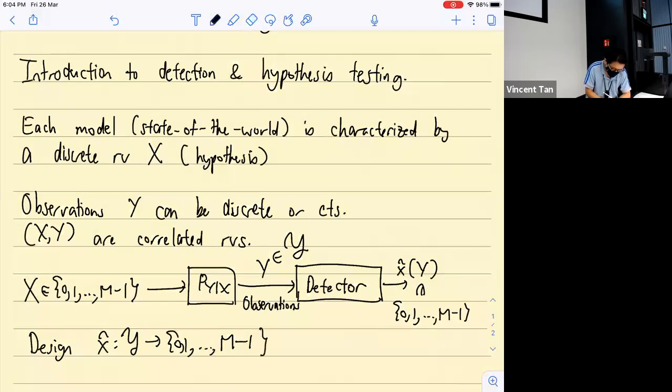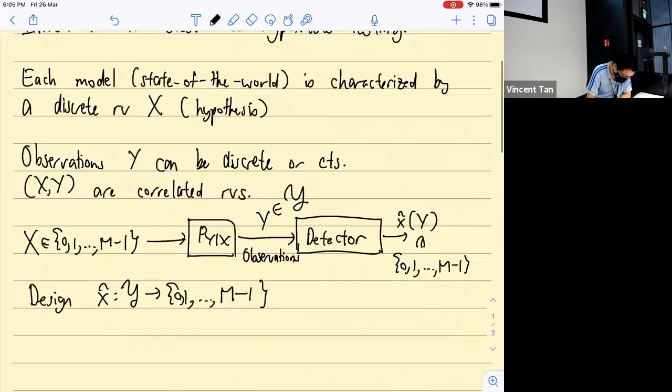So X hat is basically a function that brings us from Y all the way to 1 to M minus 1. Okay, we want to design this function so as to maximize the probability of correct decoding. And what is the meaning of correct decoding?